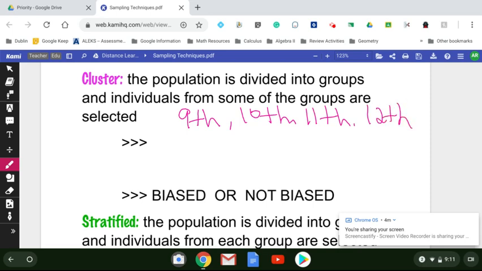In a cluster, let's say I choose 50 9th graders and 50 10th graders in my sample. This is definitely a biased sampling technique because you are eliminating the opinions of the 11th and 12th graders. The survey of the sample would not give us a valid picture of the whole population's opinions of their favorite sport.